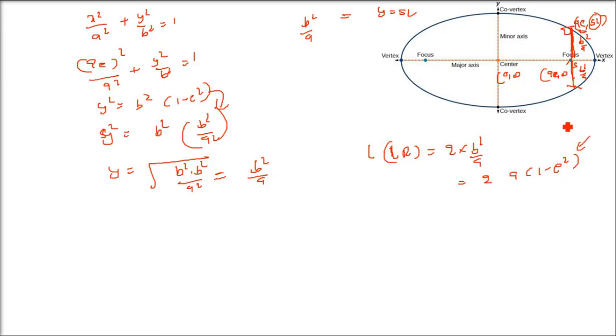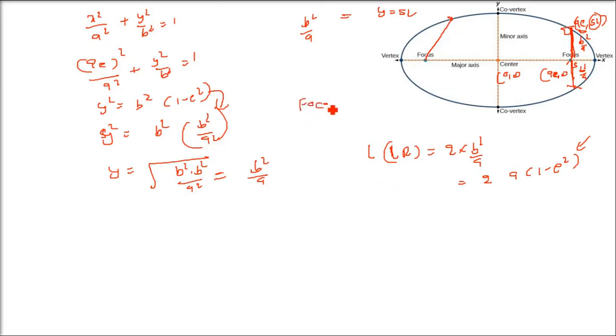And there is one more thing, which is the focal distance. The distance of any point on the ellipse from its foci is known as its focal distance. You take any point, the distance of this point from focus 1 and from focus 2.